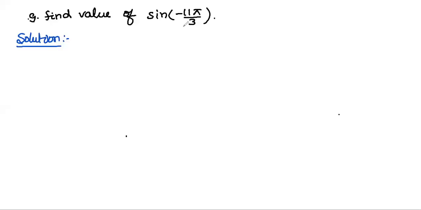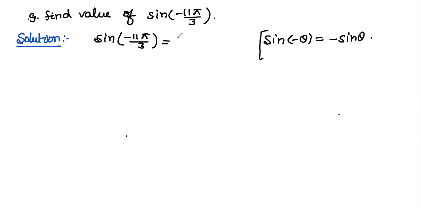Now question number 9. Find the value of sine of minus 11 pi by 3. We know that sine of minus theta equals minus sine theta. So based on that, we can write minus sine 11 pi by 3. Now here we have to divide 11 by 3.